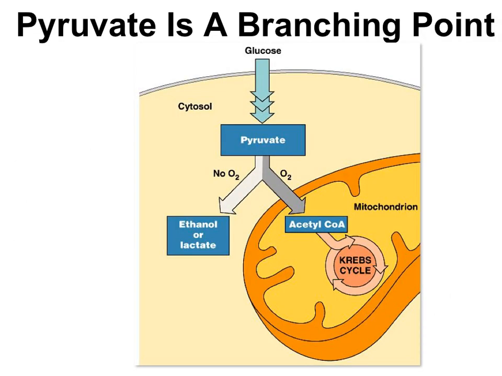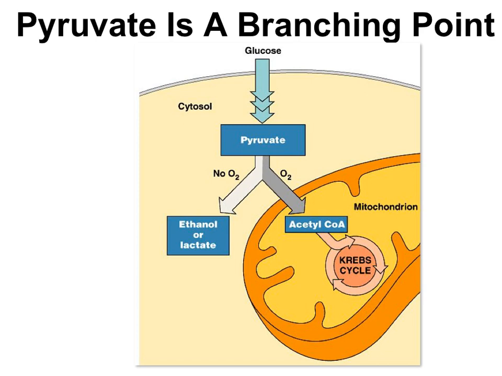I don't want to lose the big point here, so let's take a second to recap. Depending on the conditions of the cell and type of organism, pyruvate is a branching point in glucose metabolism. Pyruvate can be used to do aerobic cellular respiration when oxygen is present, or pyruvate can branch over to anaerobic respiration when oxygen is absent.